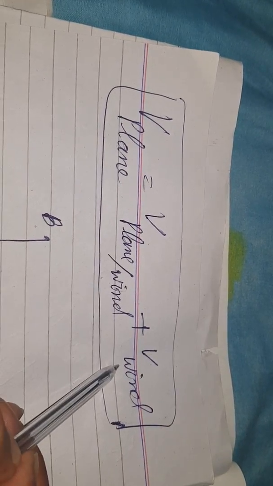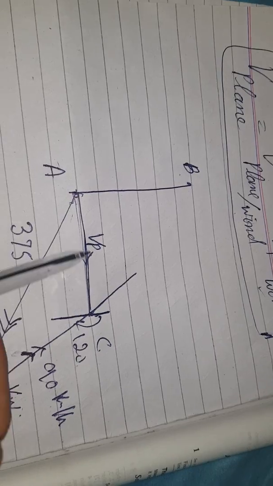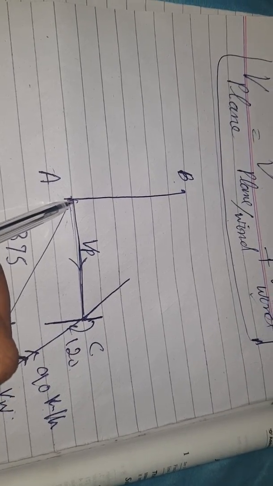For this question, as I told you, always follow the same formula. Velocity of the plane is equal to velocity of plane with respect to wind plus velocity of the wind. Now the plane wants to go from A to C. The data for this part is changed.